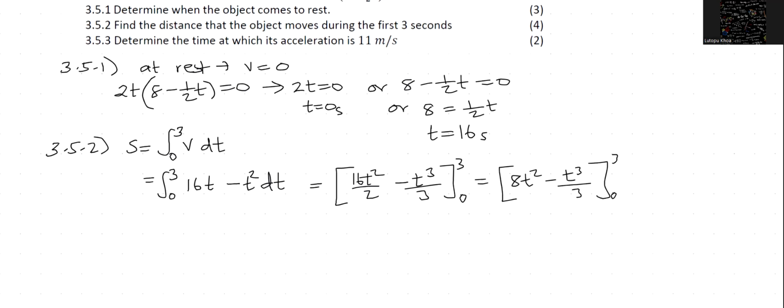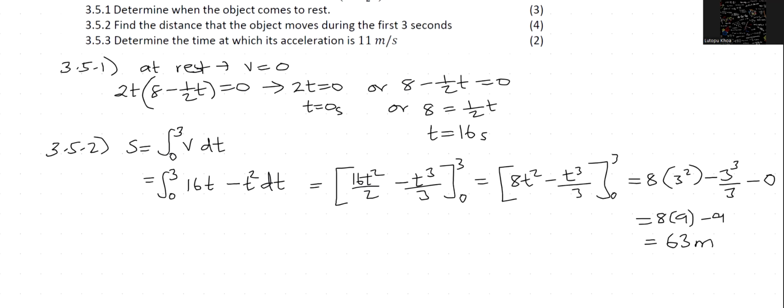And this is 8 times 3 squared minus 3 cubed over 3, and then minus 0. When I substitute t equals 0 here, I'm just going to get 0. So 8 times 9 minus 9. This is 72 minus 9, so this is 63.